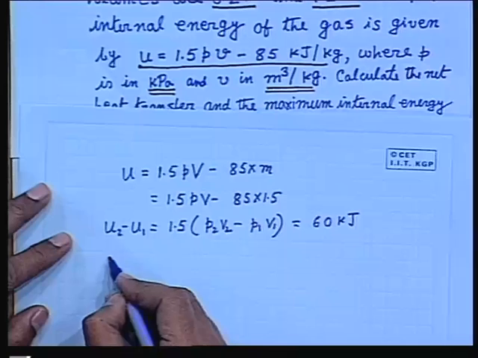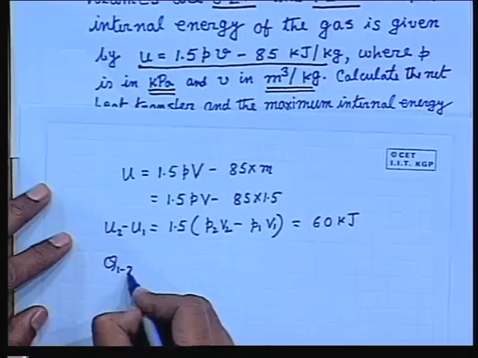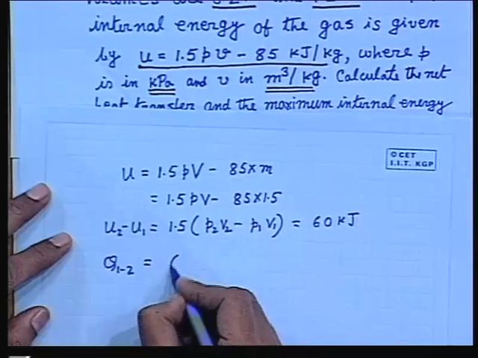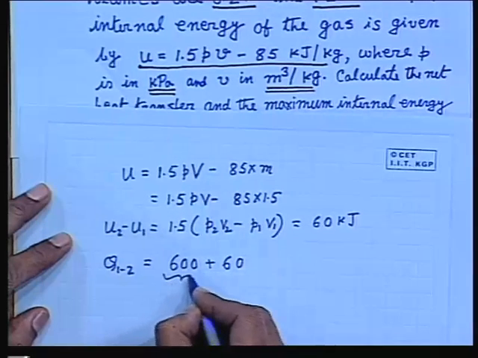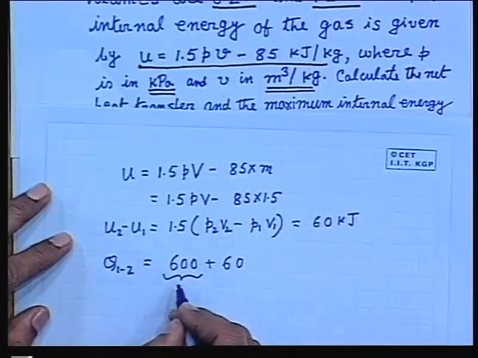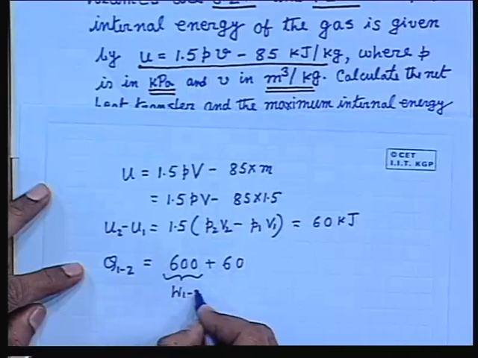So therefore Q12, very good, is 600 plus 60. That means this is W12 and U2 minus U1.